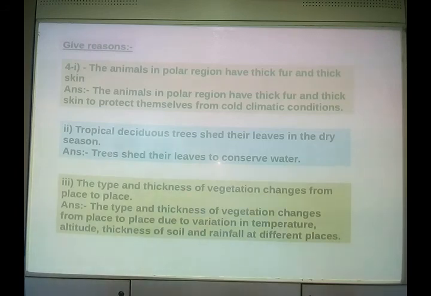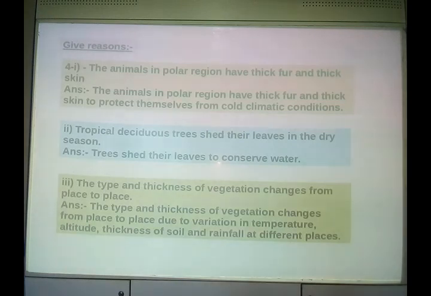Because in science you have learned that it is the leaf through which plants lose their water. So in order to save the water, in order to keep the water amount balanced, trees shed their leaves. They make the leaves fall down, okay.